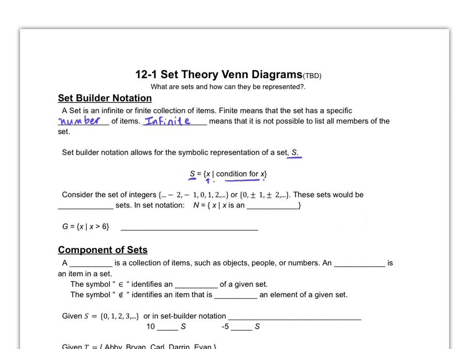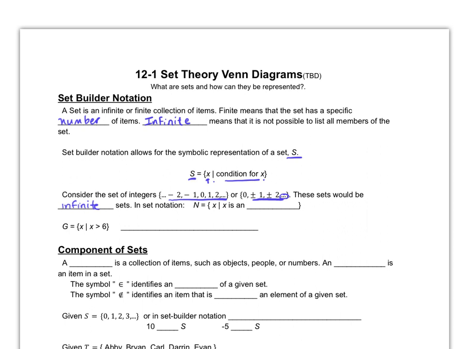Consider the set of integers. It could be represented as 0 and then plus or minus 1, 2, 3, 4 on to infinity. This would be an infinite set, right? Because it goes on forever. That's what our ellipsis is indicating.